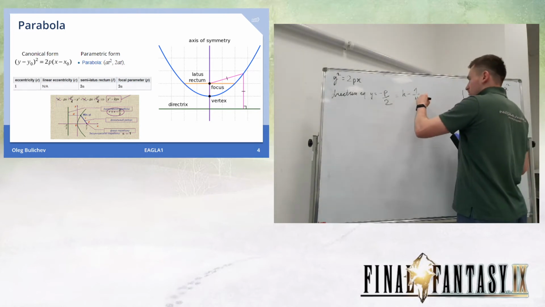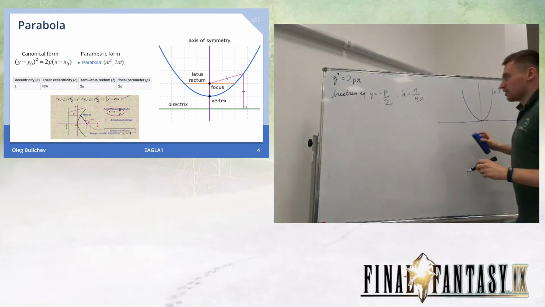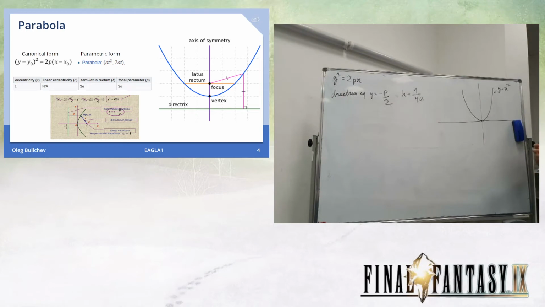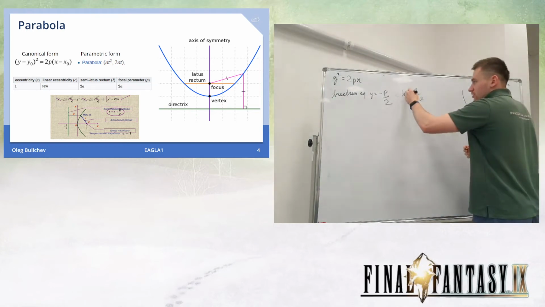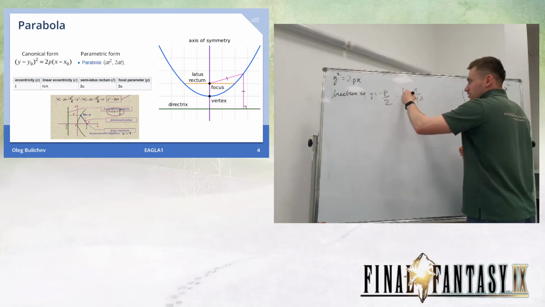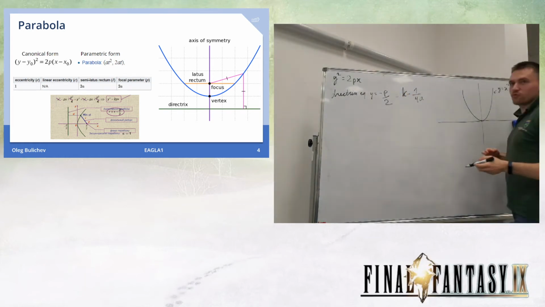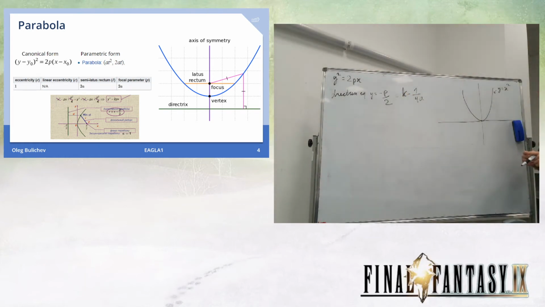I don't know why, because I found it on the internet. Okay, first of all, what is k? k is 0 here, because in this equation it is (y minus k) squared. So why do we need this k, if in canonical form we don't have any x0, y0?